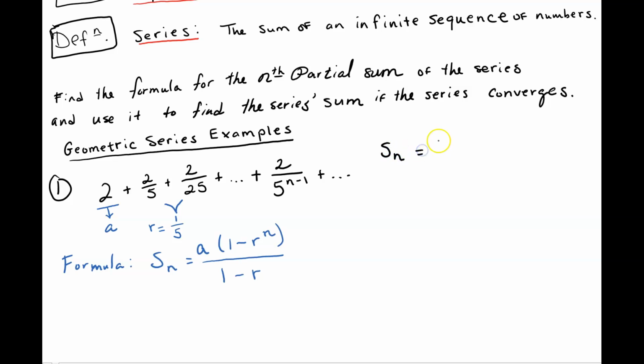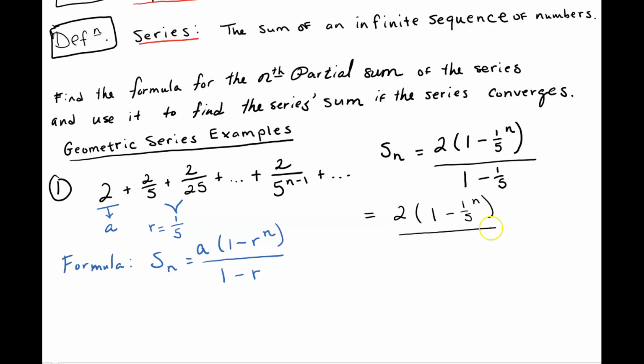My a value is 2, so 2 times 1 minus r, which is 1 over 5, okay, to the nth power, all right, divided by 1 minus r, which is 1/5. Okay, so let's see what that kind of looks like here. This ends up being 2 times 1 minus 1/5 to the nth power divided by 1 minus 1/5 is 4 out of 5.